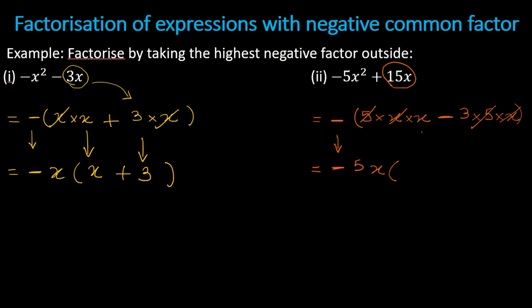So we are left with x minus 3. Okay, this is how we factorize these types of expressions, by taking the highest negative common factor outside the pair of brackets. I hope you have understood this type of factorization.